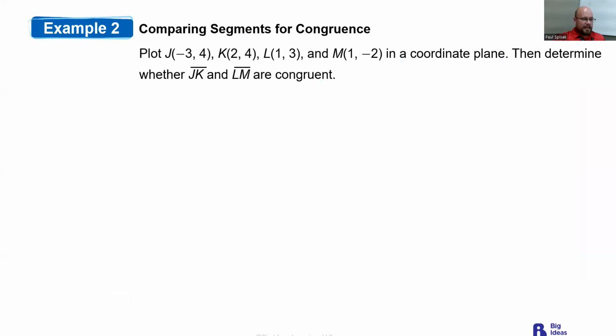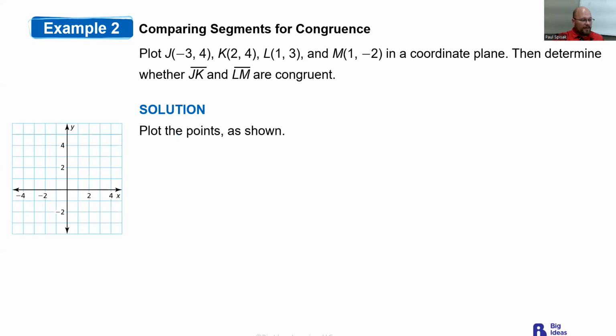So now for the second example, comparing segments for congruency. It tells us to plot these 4 points in a coordinate plane, then determine whether segment JK and segment LM are congruent. So we have our coordinate plane. We can plot those 4 points, and then we have to find the distance between them.